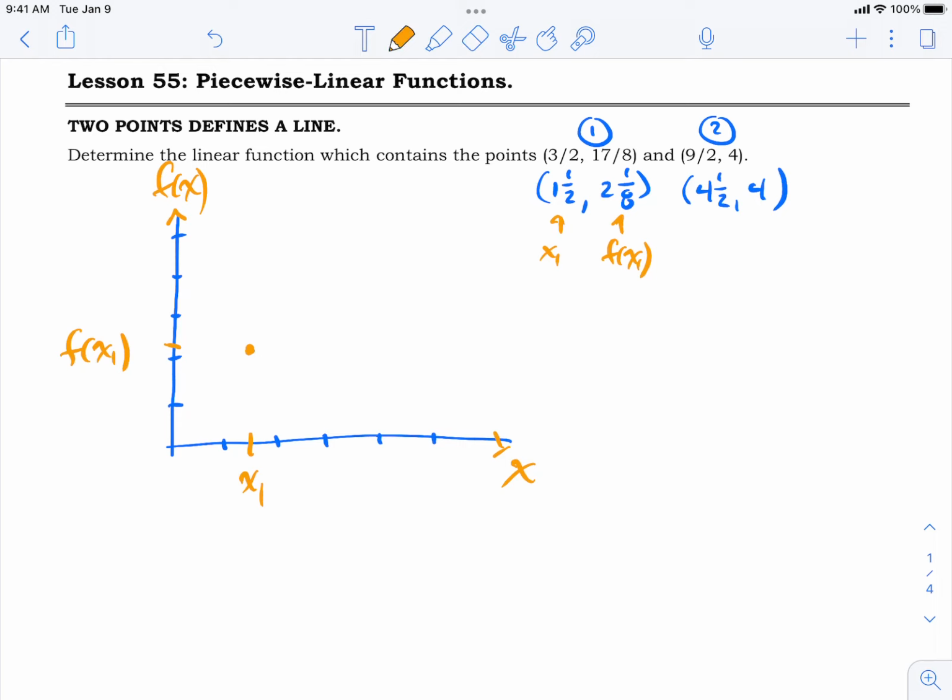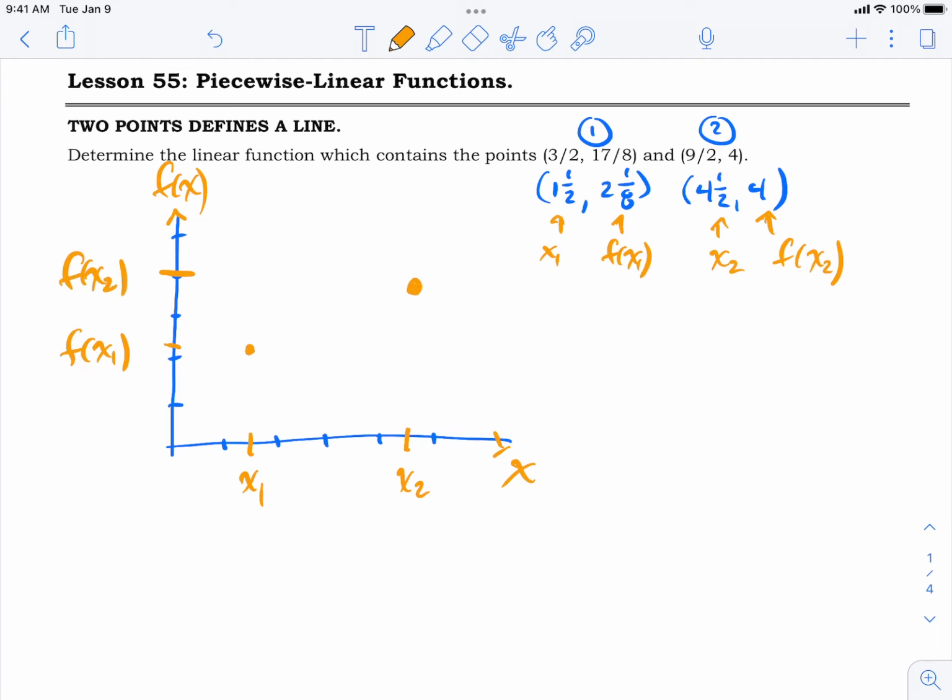Anyway, here's our other point. I'm going to call this my x sub 2. It's at 4 1/2, which is right about there. That's my x sub 2. And how high do I go? My f of x2 is 4, so I go up to 4, somewhere around here. So that's my f of x2.